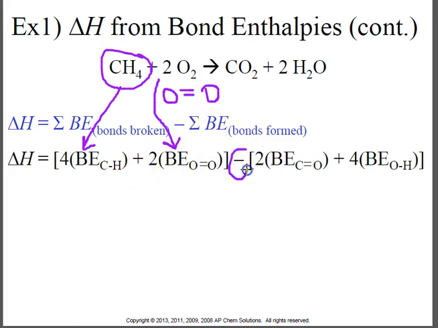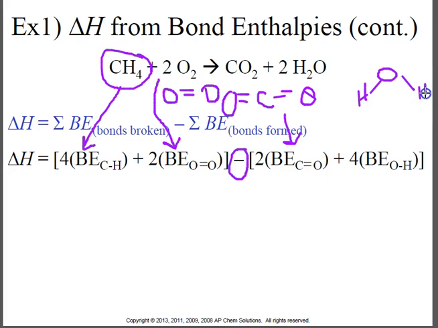In CO2, you can recall, there are 2 carbon-oxygen double bonds, so 2 times the bond energy of that. And then in water, you have 2 bonds, 2 OH bonds. But if you look, we have 2 water molecules.